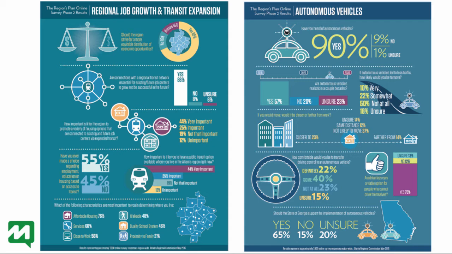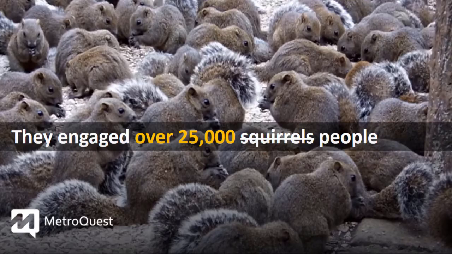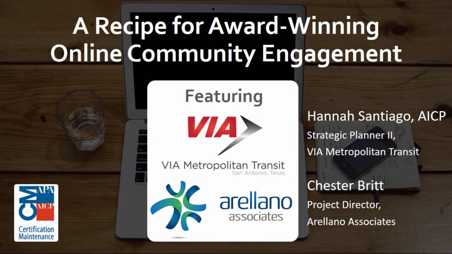And I think it creates a culture of community engagement that builds in your communities. In this particular process, they engaged over 25,000 people. So a wonderful outcome, and I think testament to the range of different promotional strategies and the thought that they put into their public engagement process.